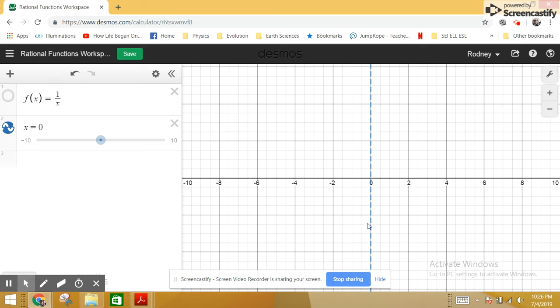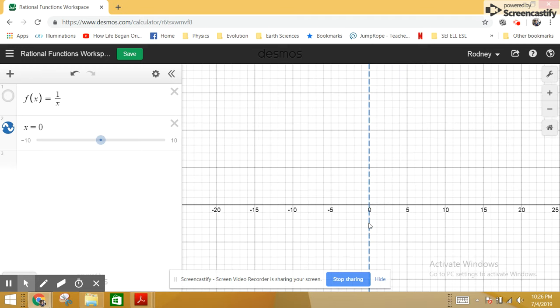The y-axis is, in fact, where x equals 0. And since when x is 0, this function can't work because you're doing 1 divided by 0, we have what is called a vertical asymptote. Nowhere along here can the function exist. However, the function is going to try and get closer and closer to that as it goes.